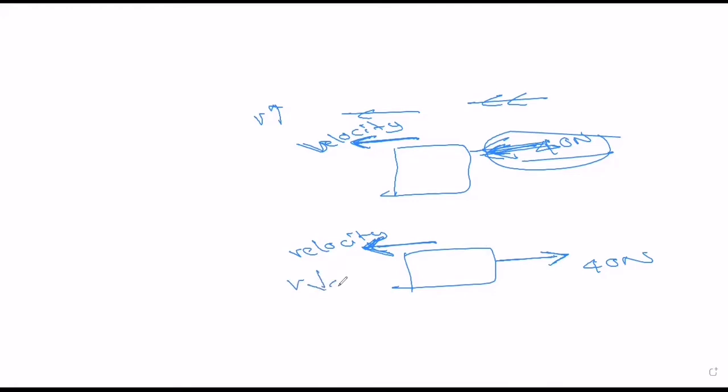Here, what has happened, children? When I give the force in this direction, the velocity is increasing. When I give the force in the opposite direction, velocity is decreasing. Therefore, children, we can come to a conclusion that force has a direction.